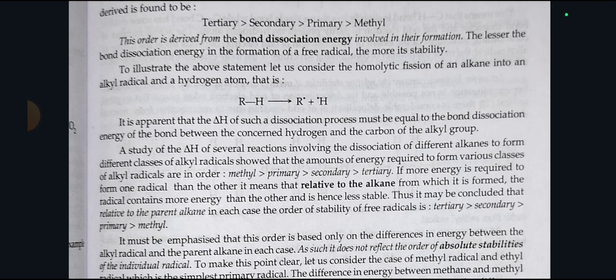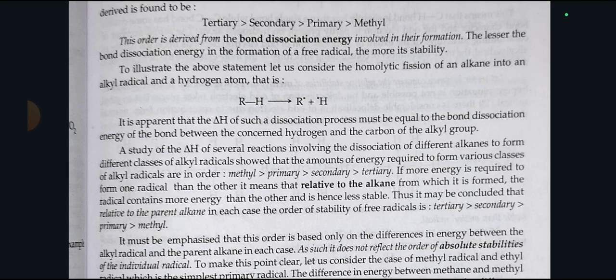If more energy is required to form one radical than another, it means that, relative to the alkane from which it is formed, the radical contains more energy than the other and is hence less stable.